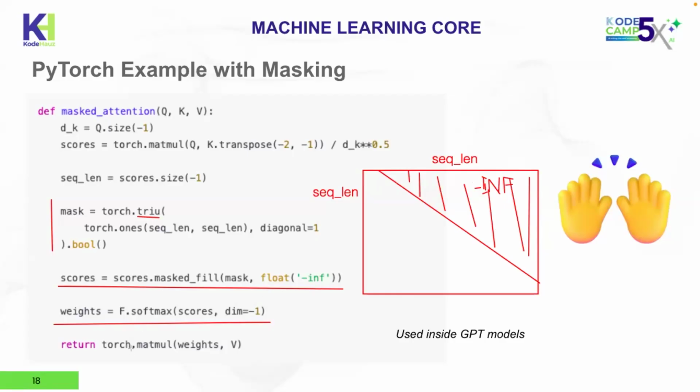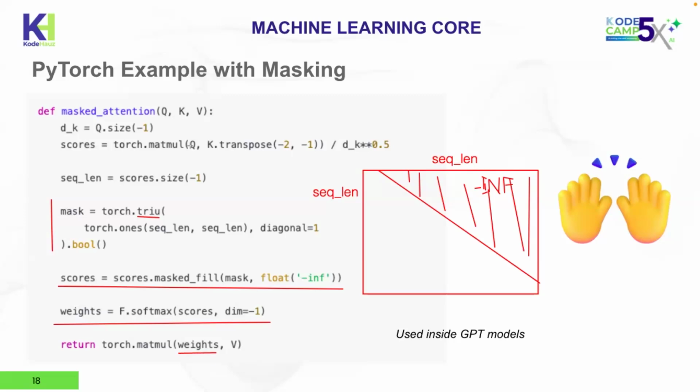So this is basically the method used to generate the masking of the upper triangle of the attention map, or the attention matrix, which you will now use those weights.